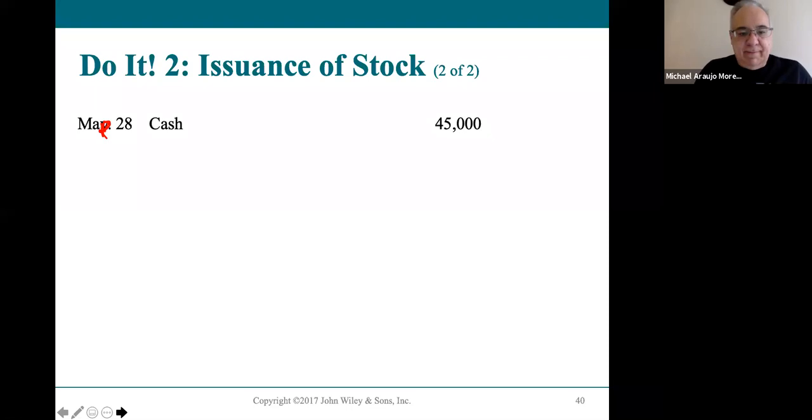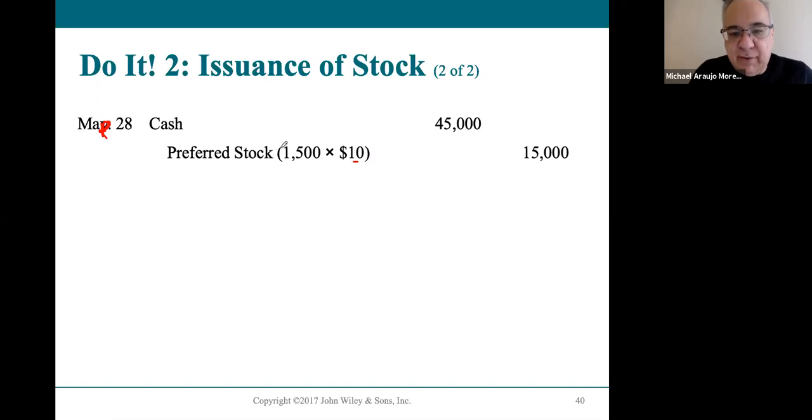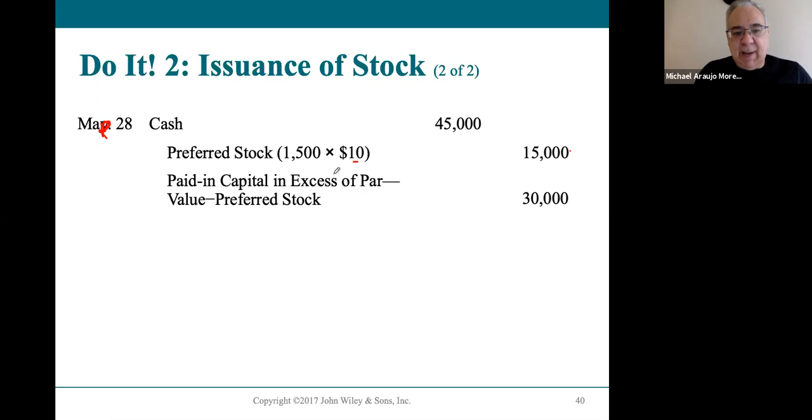Of that, the first $10 of every share is going to go to the preferred stock account. So 1,500 shares at a $10 par value means preferred stock will get credited for 15,000. Anything above that is paid in capital in excess, so we're going to be crediting paid in capital in excess of par value for preferred stock for the additional 30,000. And thus that's done.